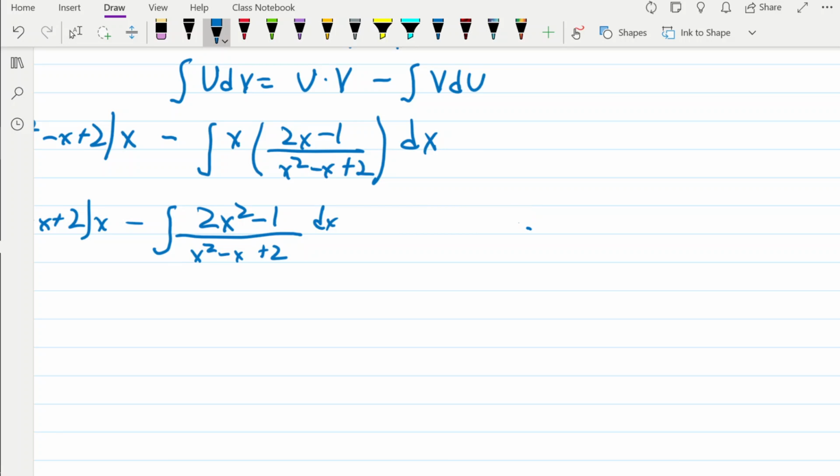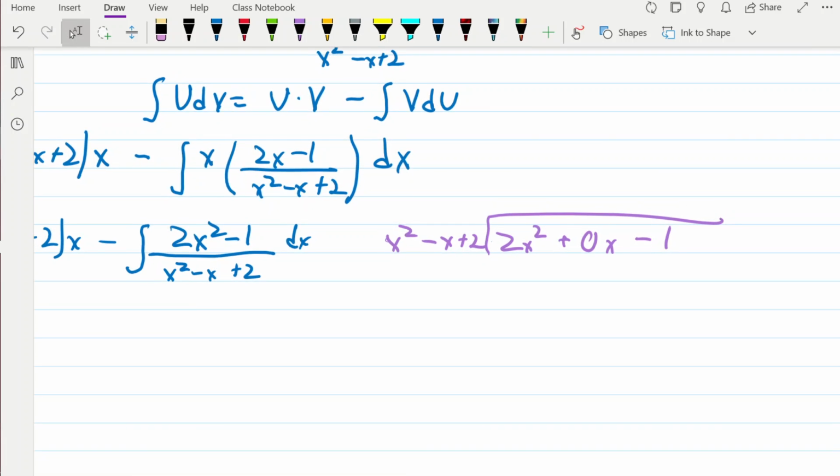I'll grab another color for this pen. So we have 2x squared minus 1, so plus 0x minus 1. And then we have x squared minus x plus 2. Okay, so we're able to take out 2. So that's going to be minus 2x squared minus 2x plus 4. And then we actually have to make the minus, it's a subtraction.